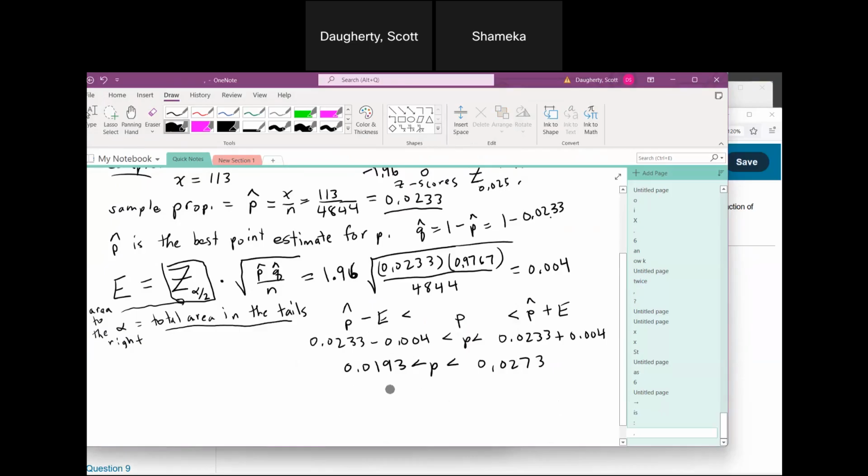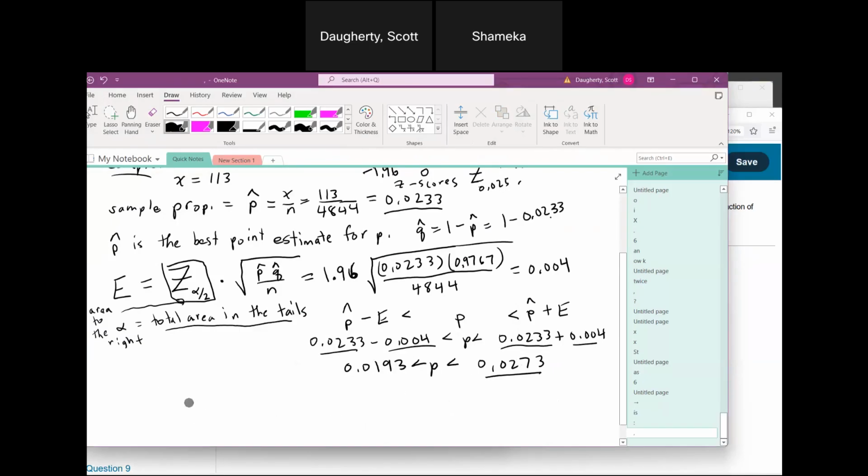Okay, so again, once you find the margin of error using this little formula, you take your point estimate and add the margin of error to that. So here's my point estimate, and I added the margin of error. That gives me this high number. Then you take the point estimate and subtract the margin of error, and that gives you the low number. And then this is your confidence interval.